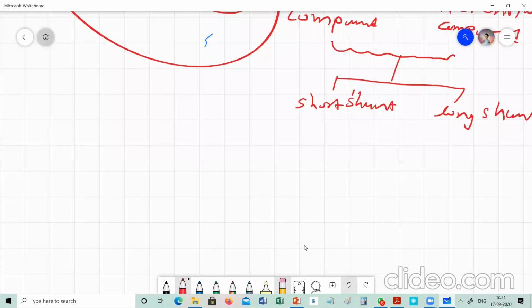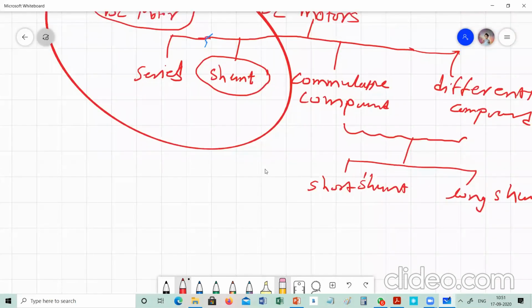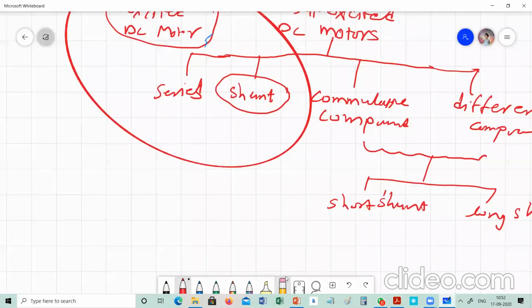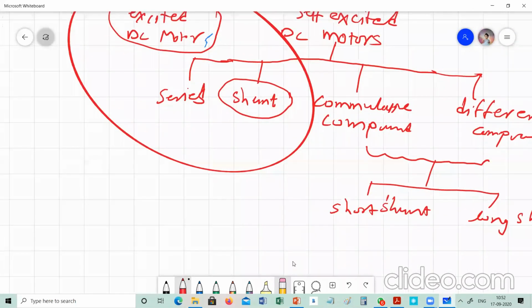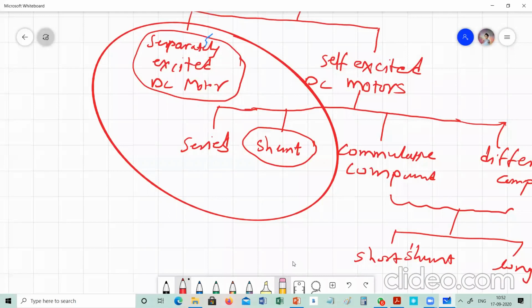The control algorithm of these two motors is the same. So actually we are going to see control of only two motors: the separately excited DC motor and shunt motor, which are treated as the same, and the second is the series motor.